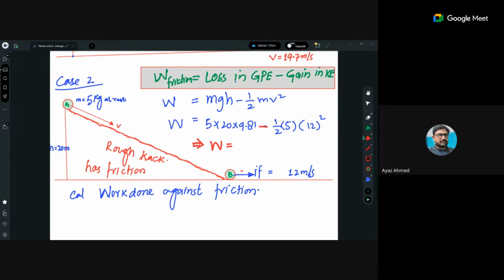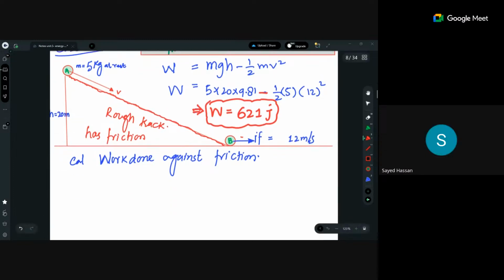So 621. 621 joule is the work done against friction. Is it clear? Yes, sir. Okay, good. So you have calculated that it is 621 joule.